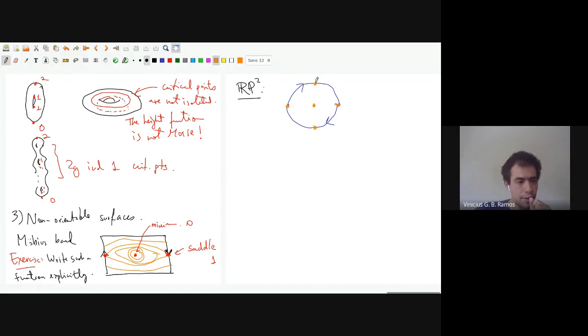You start from 0, and then this is a minimum. And then go like this, and this is a maximum. So in the middle is the minimum. Over here is the maximum. And here is the saddle.